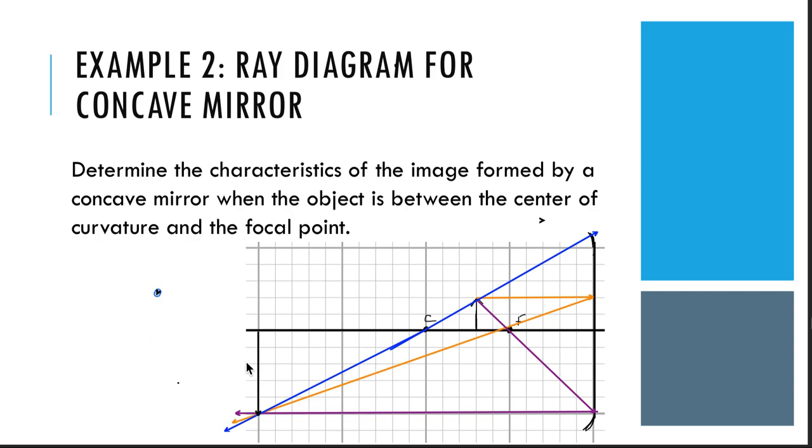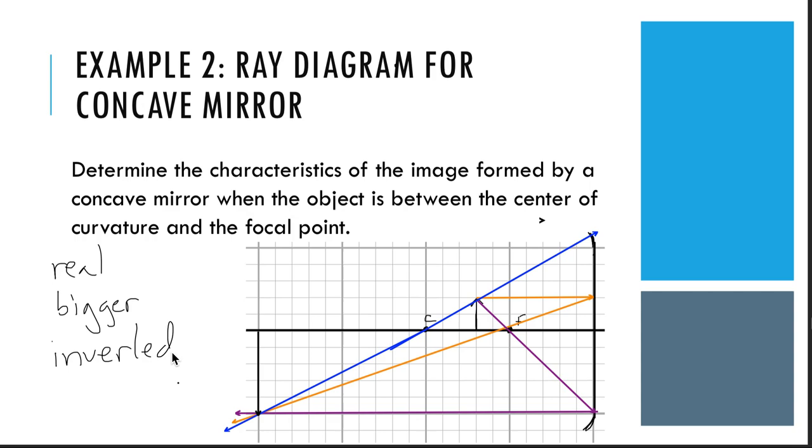So then what you do is you figure, okay, well, what are the characteristics of this image? So what we see is that it's a real image because the rays actually intersected. It was bigger than the object, and it was also inverted. It was upside down.